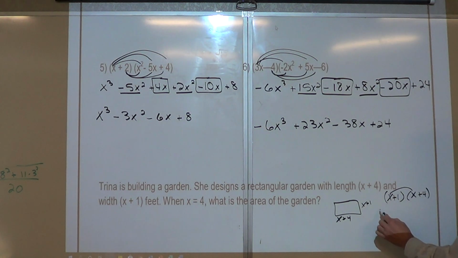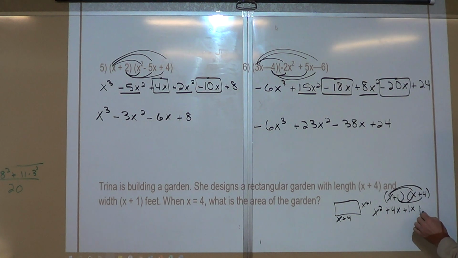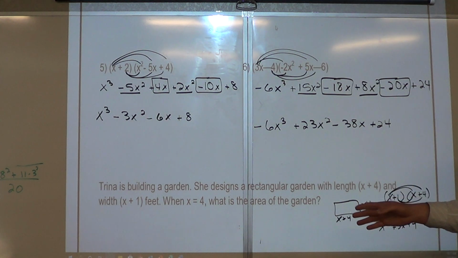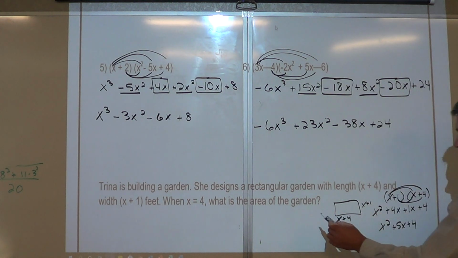So x times x would be x squared. x times 4 would be 4x. 1 times x is 1x. And 1 times 4 is 4. 4 plus 1 is 5. Then it says, what is the area when x is 4? So I take 4 and I plug it in for x.